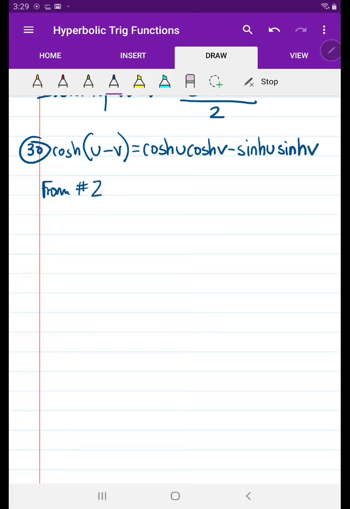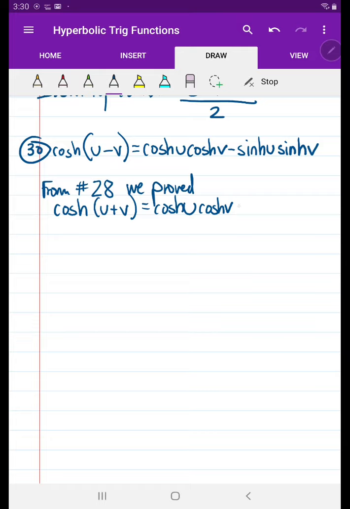From number 28, we proved that cosh u plus v is cosh u cosh v plus sinh u sinh v.